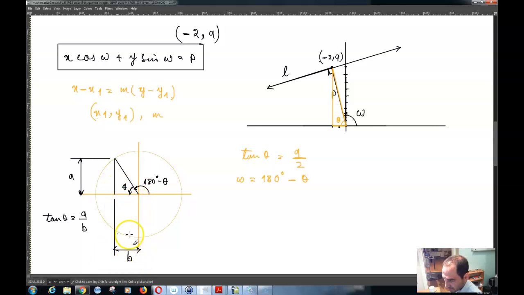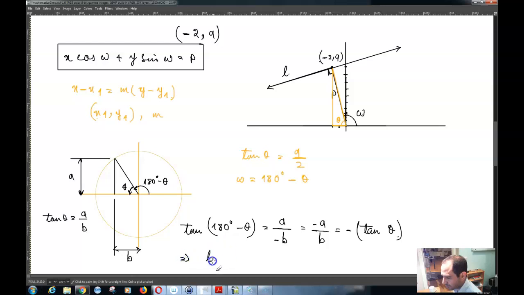So you can write tan of 180 degrees minus theta is equal to A over negative B, because the cos is a negative value now, so that's negative A over B, which is equal to negative tan of theta.